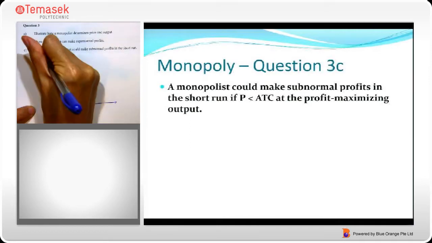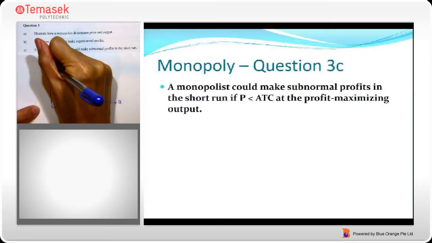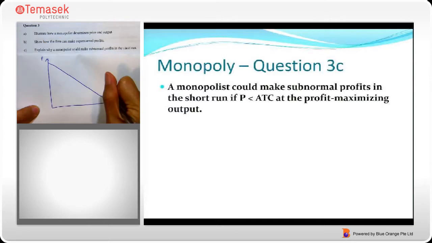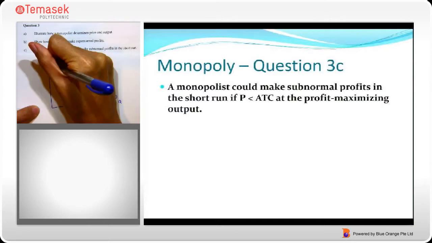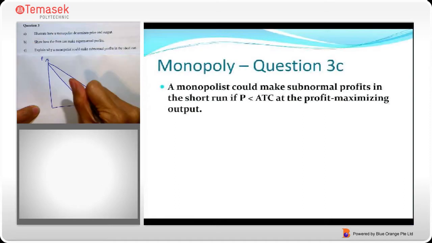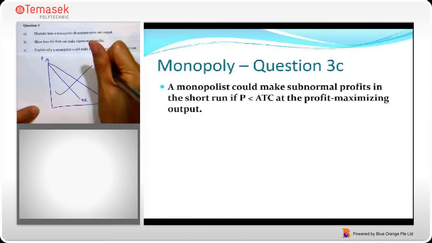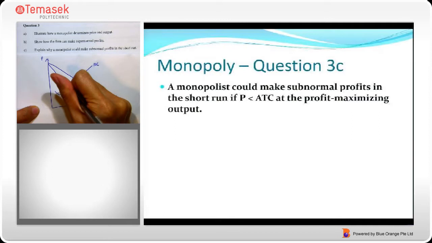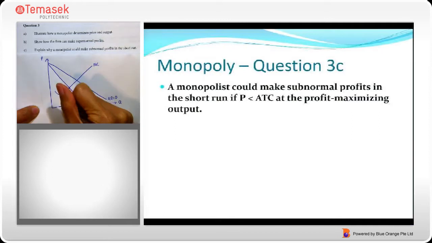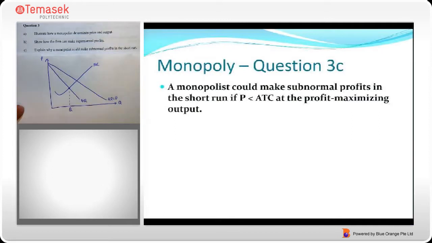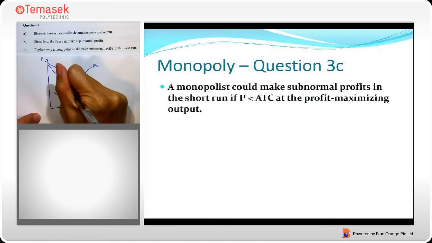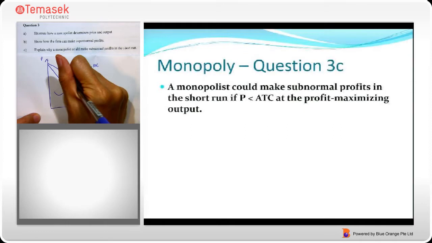So P and Q. First draw our AR curve, which is demand, MR, followed by MC. First find our profit maximizing output Q at the intersection where MR equals MC. Then you need to find price. So we get it from the demand curve.